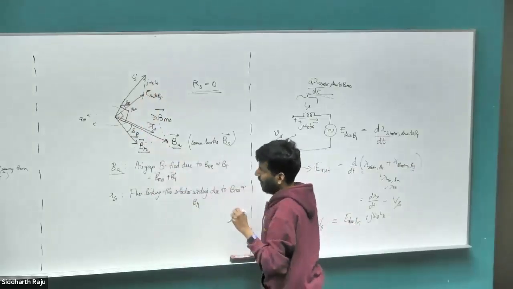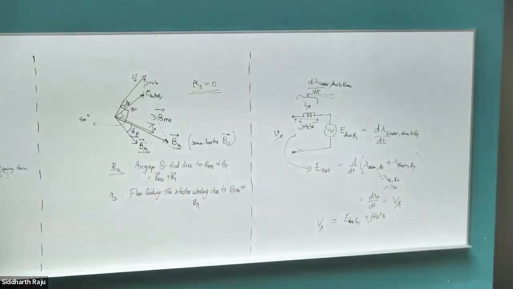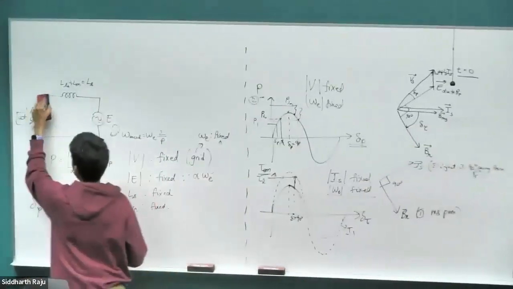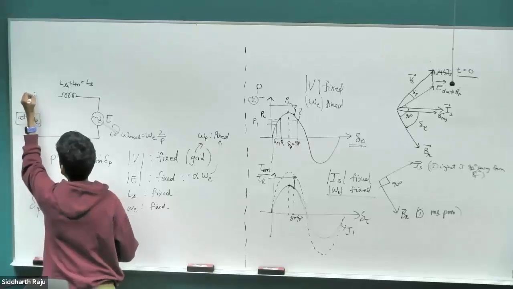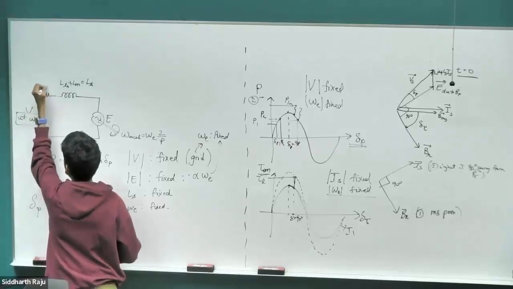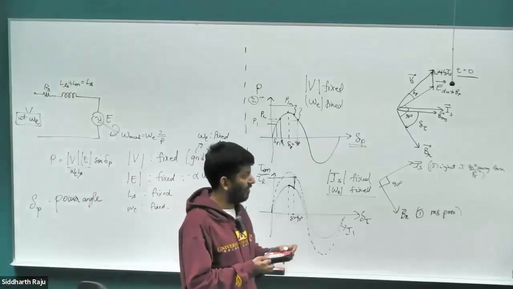Let's look at the case where we introduce the resistance as well in our equivalent circuit. This will modify the angle just a little bit. The minute we add a resistance here, some Rs, our space vector diagram changes.